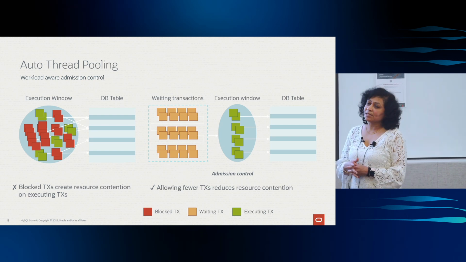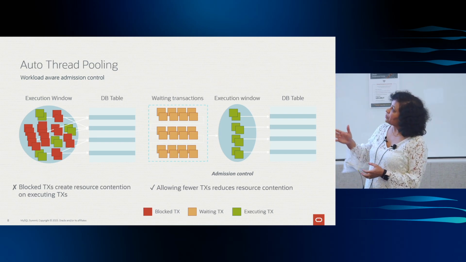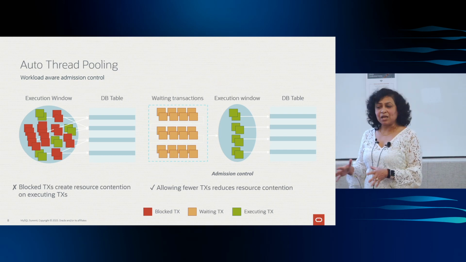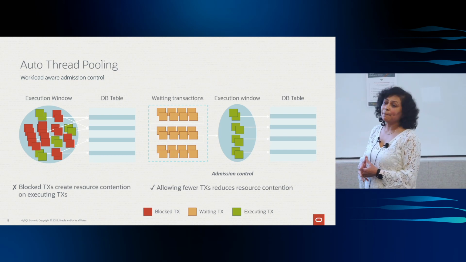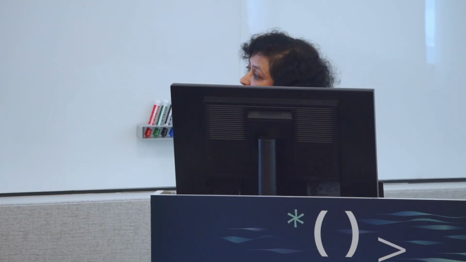It does adaptive admission control of letting the transactions go into the execution window. It keeps a tab on how much my workload is, how busy my CPU is, and then accordingly it slows down the incoming transactions. As a result, there is fewer concurrent access, and then I get a better throughput.